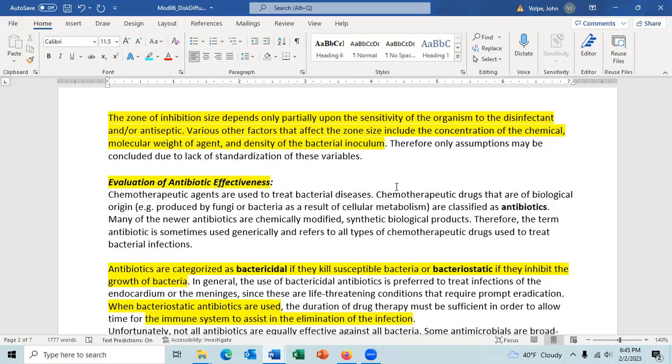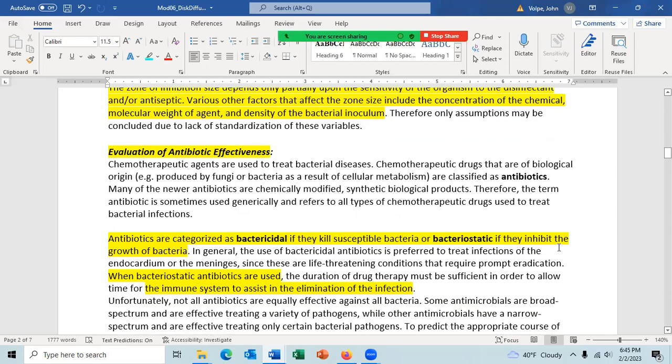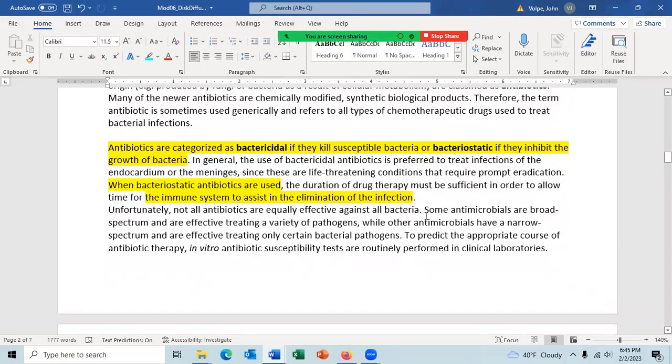In this lab, we'll mainly look at the evaluation of antibiotic effectiveness. Antibiotics are things we use against microbes, especially bacteria. Antibiotics are categorized as bactericidal if they kill the bacteria, and bacteriostatic if they inhibit the growth of the bacteria.